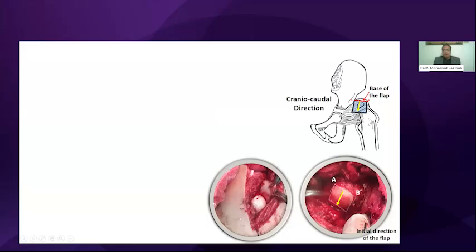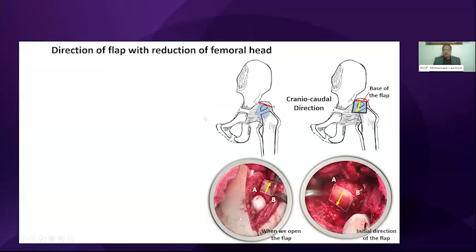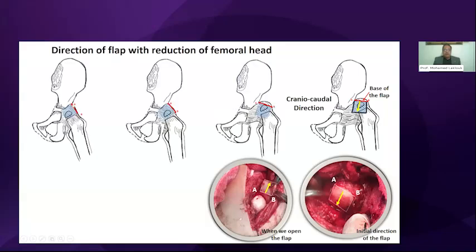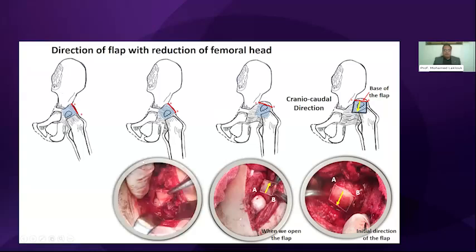After opening this quadrangular flap, we can follow the direction of the flap with gradual reduction of the hip joint. Finally, after reduction, the base which was at the beginning vertical becomes horizontal.